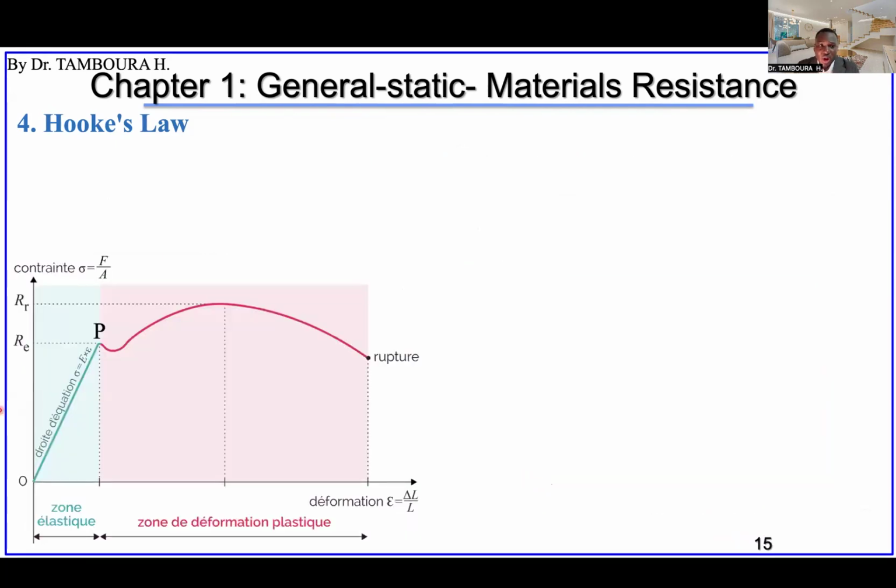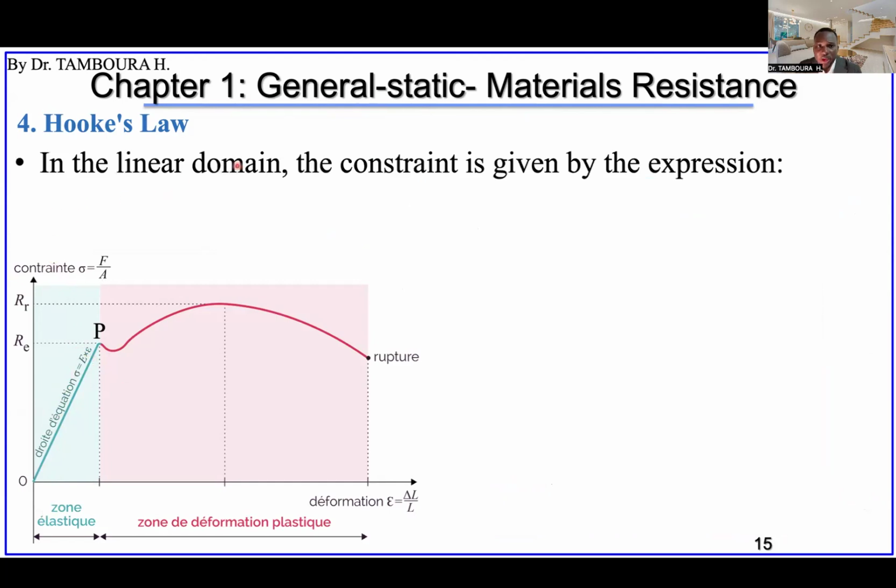As long as we are in this zone, we can define the relationship, and the coefficient of proportionality is E. So in the linear domain, the stress is given by this expression, sigma equal E multiplied by epsilon, deformation in French, strain in English.